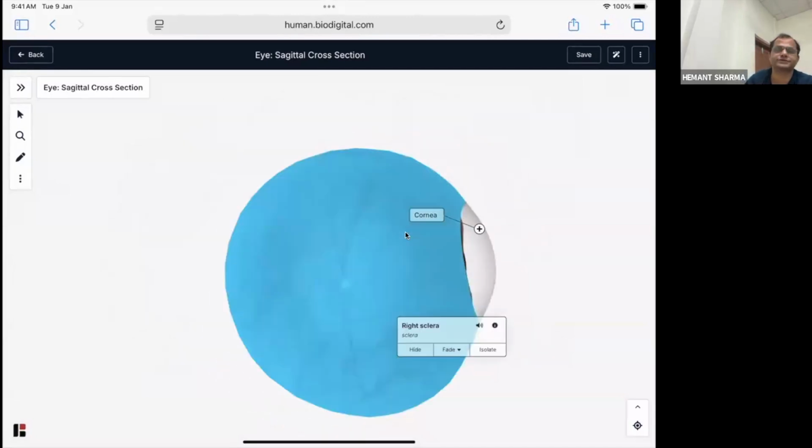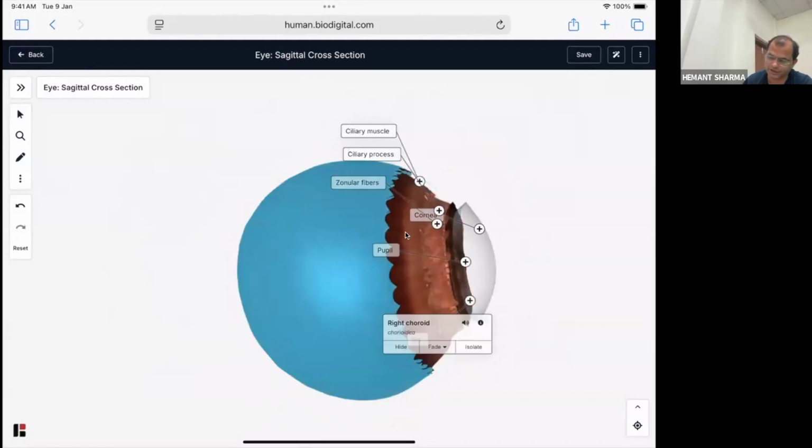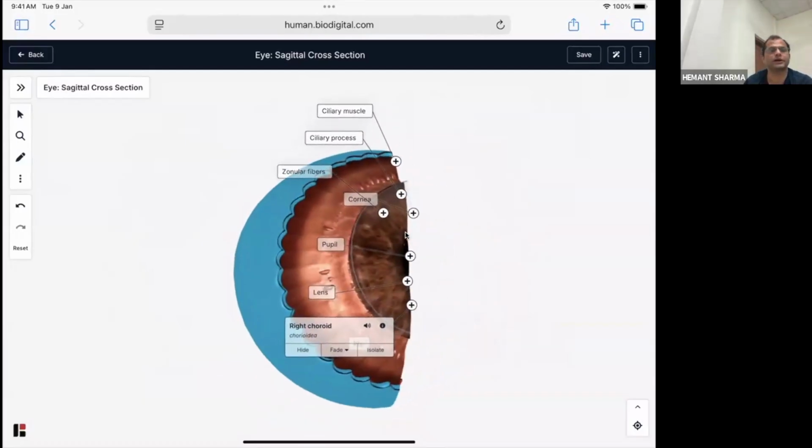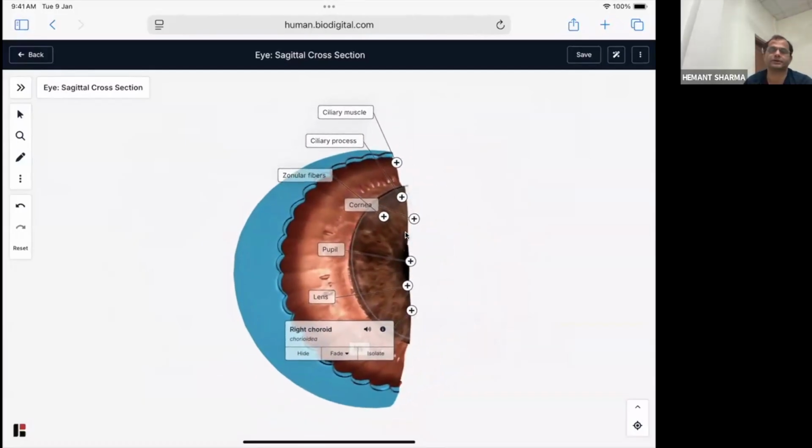Now if you remove this, अगर हम इसे निकालते हैं, let's remove it. So the second part is called choroid, highly vascular, having high blood supply, the choroid. Okay.